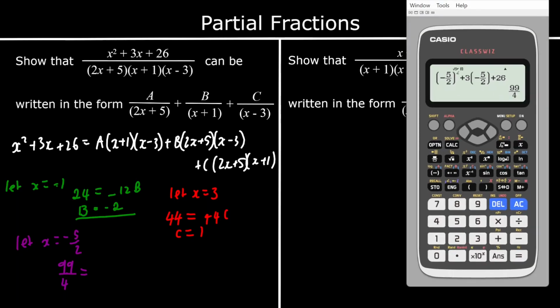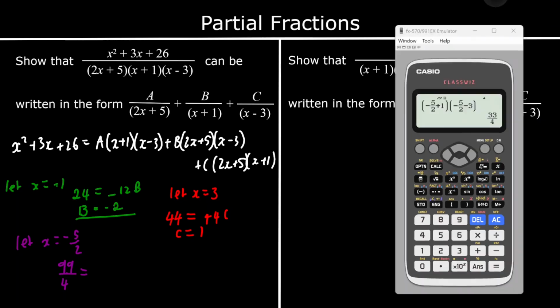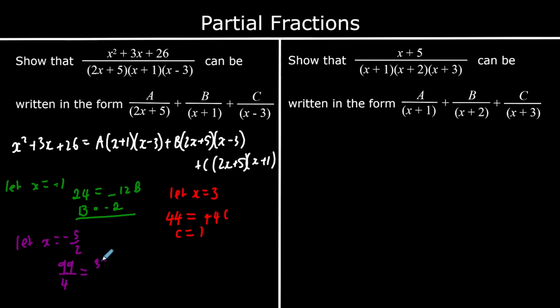And we've got negative 5 over 2 plus 1 times negative 5 over 2 minus 3 times a, 33 over 4 a, so a must be 3.